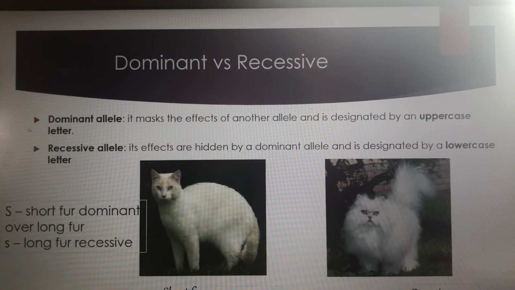Remember, the dominant allele masks the effects of the other allele, and usually we select the dominant allele as being the uppercase letter. The recessive allele is hidden if the dominant allele is present. And it's always designated by the same letter as the dominant allele, but it's now a lowercase.